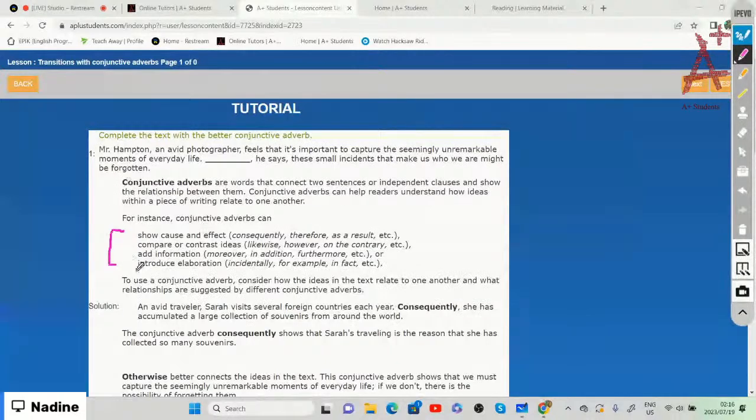Words that show cause and effect, words that compare and contrast ideas, words that add more information, and words that introduce elaborations. You are expanding on that. All right.